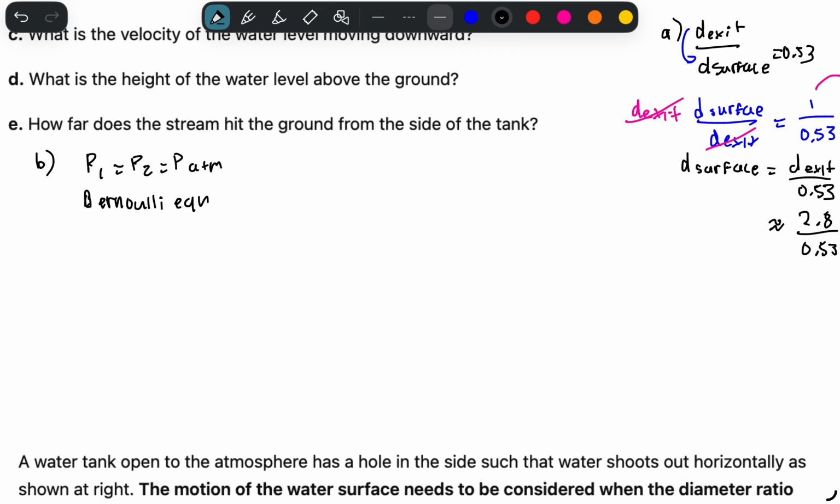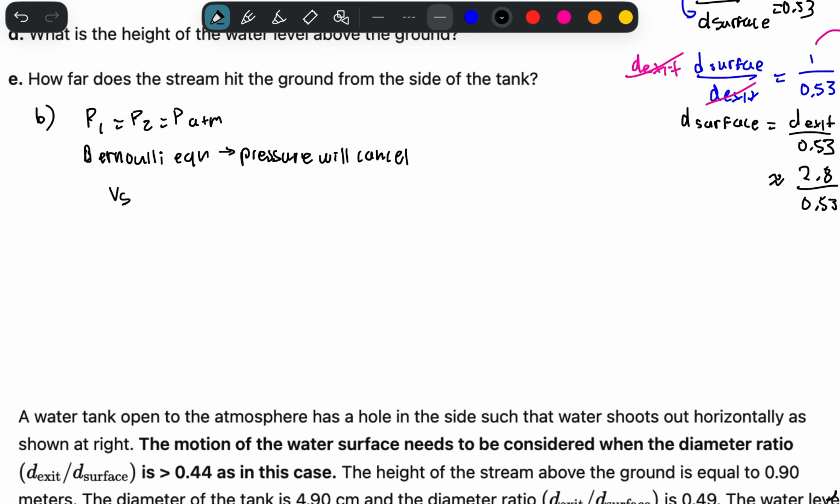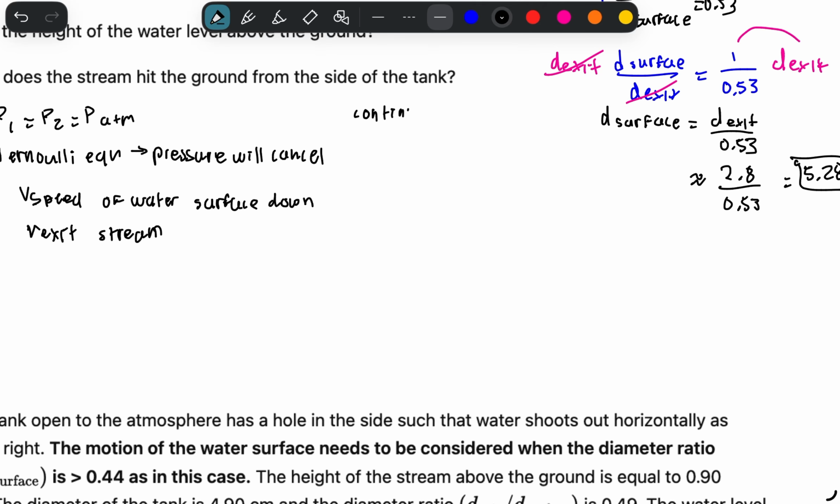So here we're going to let Vs be the speed of the water surface going down. And then we'll let VE be the exiting speed of the stream. So our first step for this, we're going to use our continuity, which is AS VS equals AE VE.